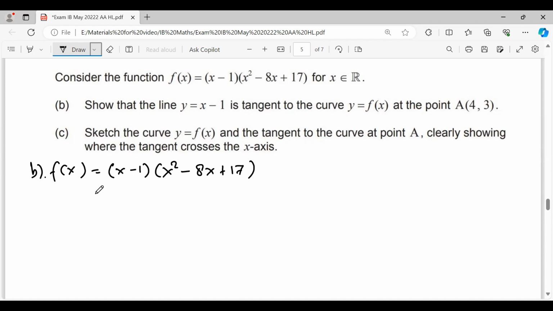So if we calculate, it's going to be x cubed minus 8x squared plus 17x minus x squared plus 8x minus 17.